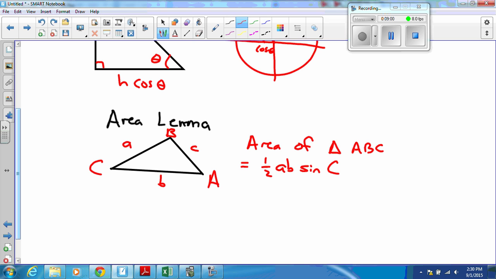Now, why is this lemma true? It's fairly simple. We know already that the area of a triangle is 1/2 base times height. So I'm going to drop a perpendicular from B and call this h.